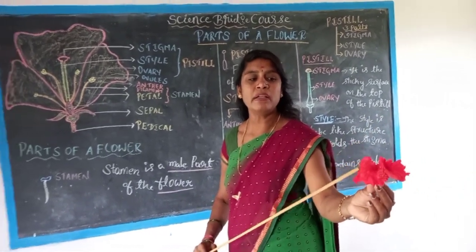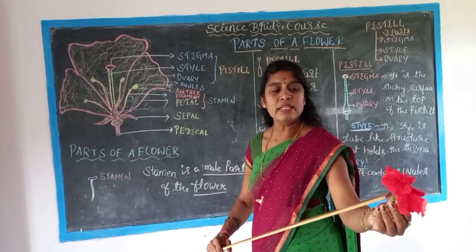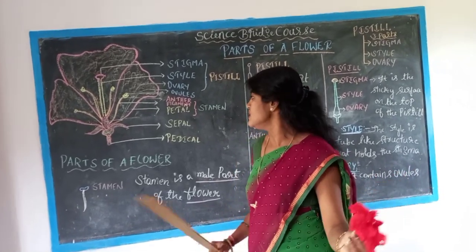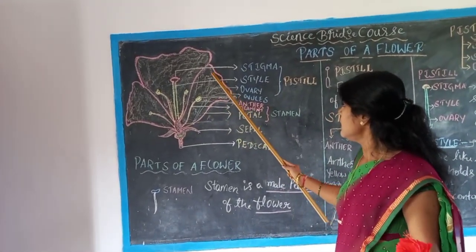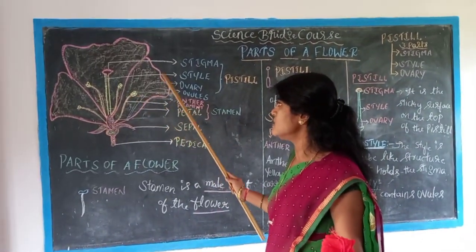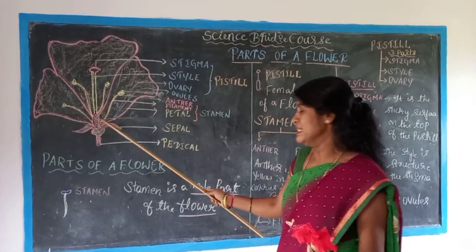It is inside the sepal. Inside the sepal we can see the petals, and petals are very colorful and they attract the insect.